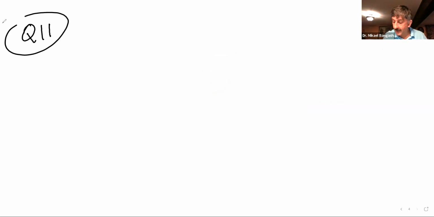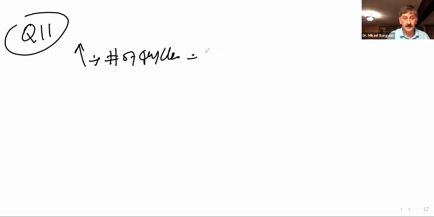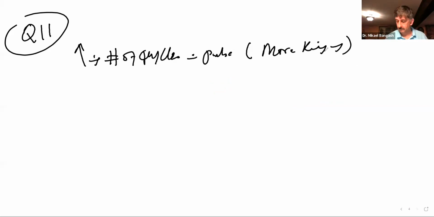Now, when the number of cycles in a pulse increases, because we are increasing the number of cycles in the pulse, that will mean there's going to be more ringing, while the frequency remains the same.